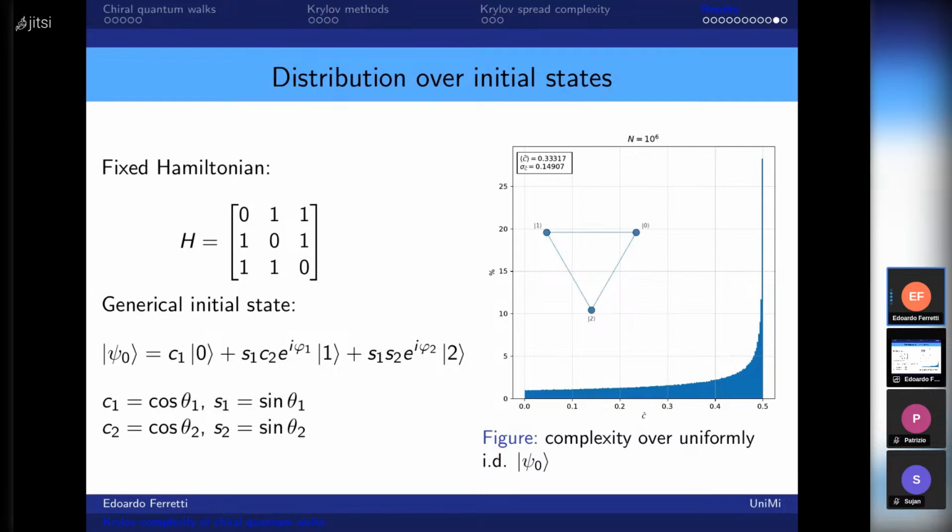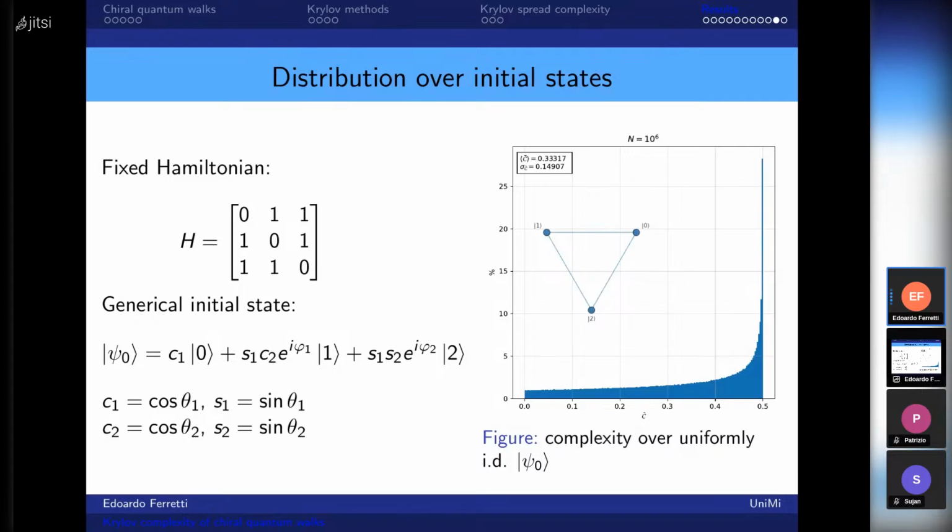One way to investigate this was to say, since complexity depends both on the Hamiltonian and the initial state, what happens if we average over the initial states? I did this for a quite simple graph, which is just a triangle, which is both a complete graph and a cycle graph.